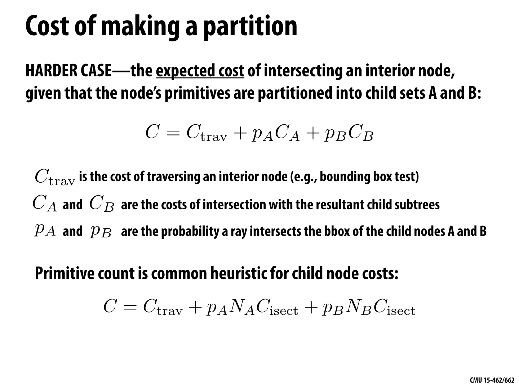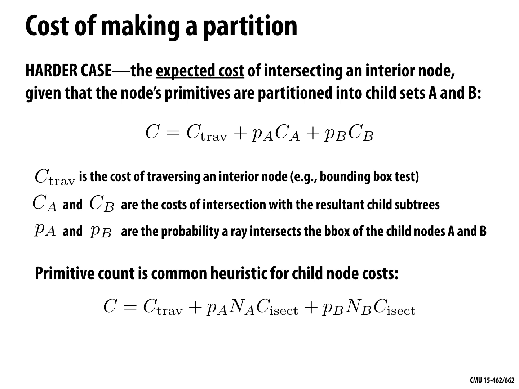Well, we can model the cost as C equals C trav, the cost of traversing an interior node, so just the cost of doing the bounding box test for that one node, plus PA times CA, meaning the probability that we hit the left child times the cost of traversing the whole left child, plus PB times CB, the same thing for the right child.